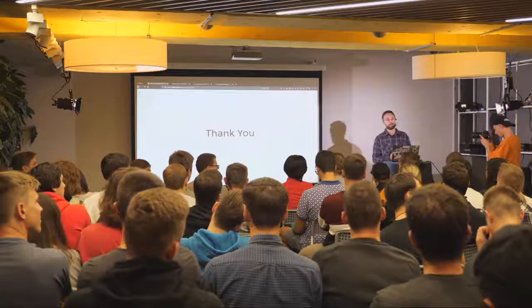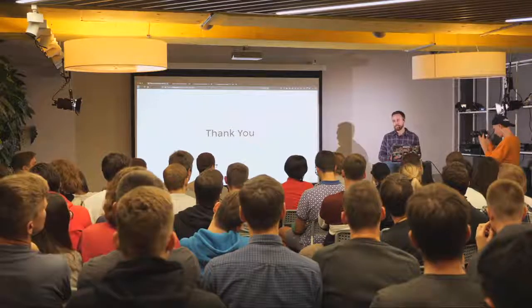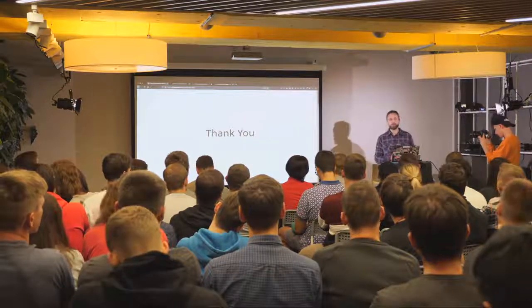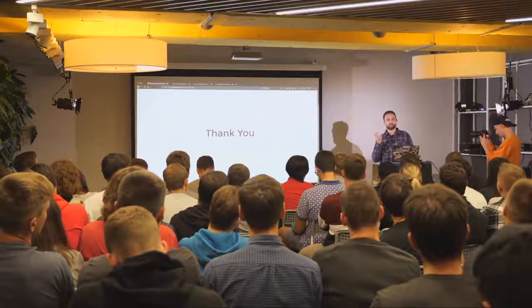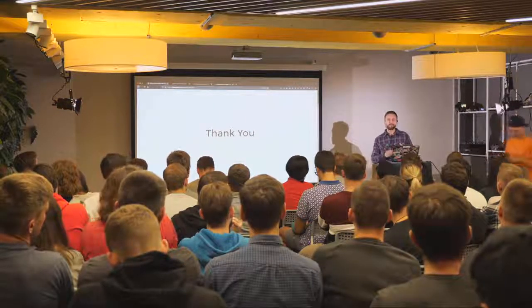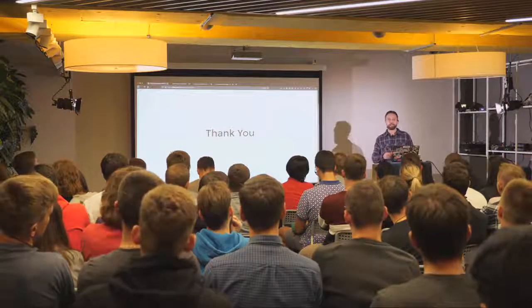Okay, thank you. More questions? In CSS variables, it's not allowed to use their values in media queries. Yeah, this is correct. I forgot to mention that. As of now, you can only use them as parts of other properties. So a media query is not a property itself, right? But if I'm not mistaken, the next level of the specification will allow using custom properties in media queries as well.